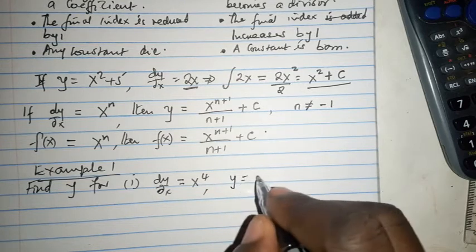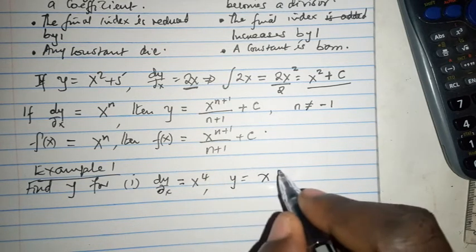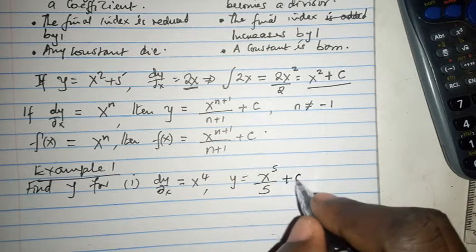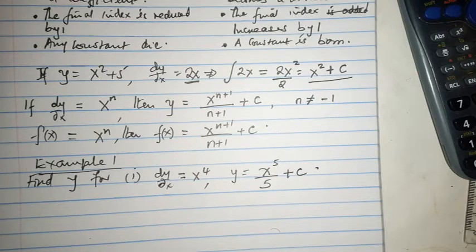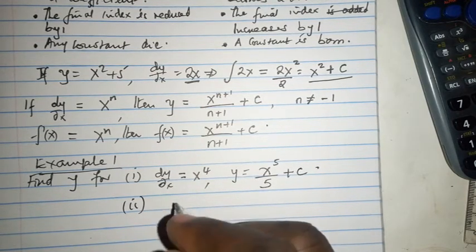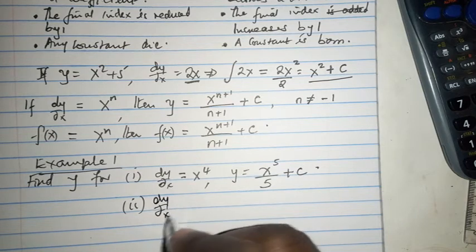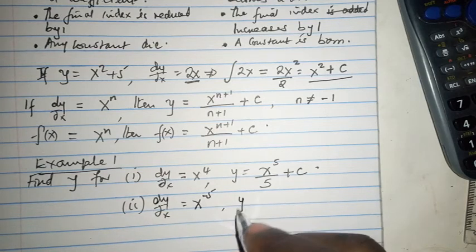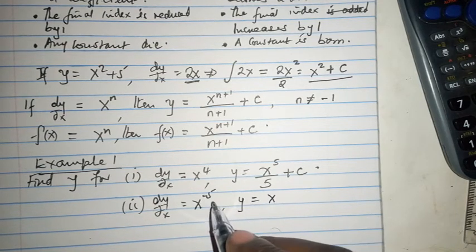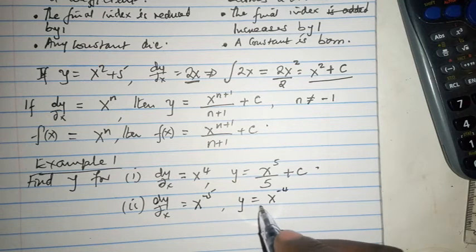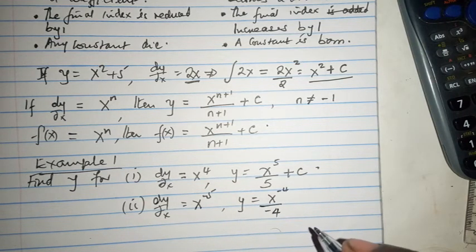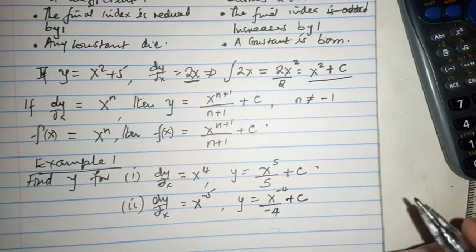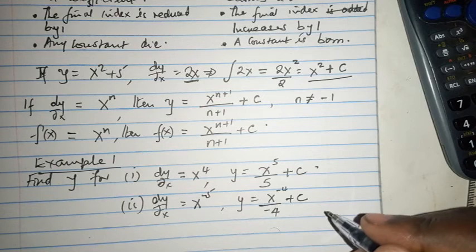So y becomes x to the power 4 plus 1, which is 5, over 5, the divisor, plus c. Next, when dy/dx is equal to x raised to power minus 5, y becomes x raised to power minus 5 plus 1, which is minus 4, over minus 4, the new index, plus c.